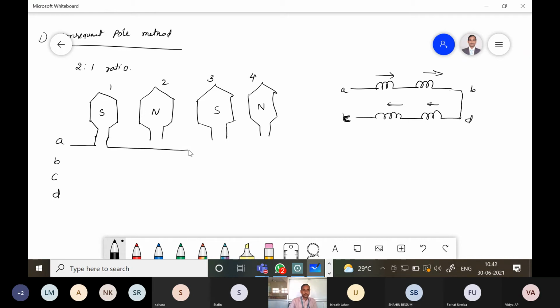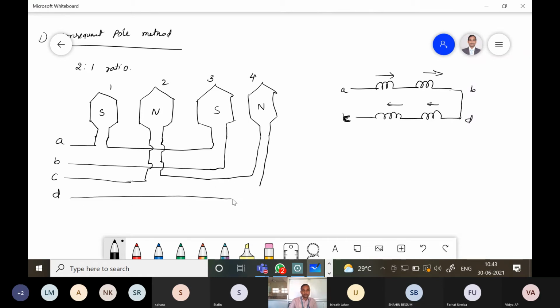These S and S are connected in series, and similarly N and N are connected in series. So this is the connection of four poles.